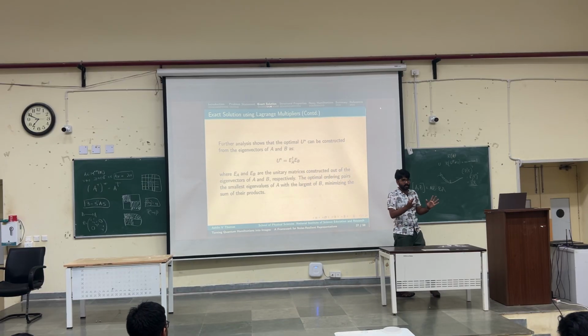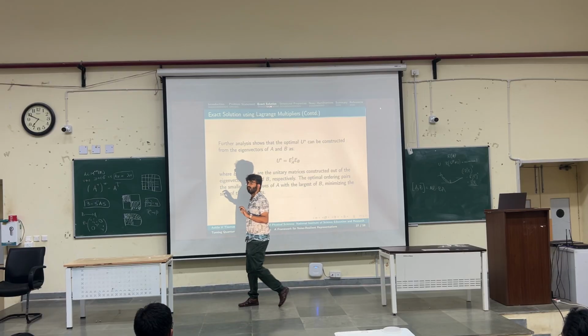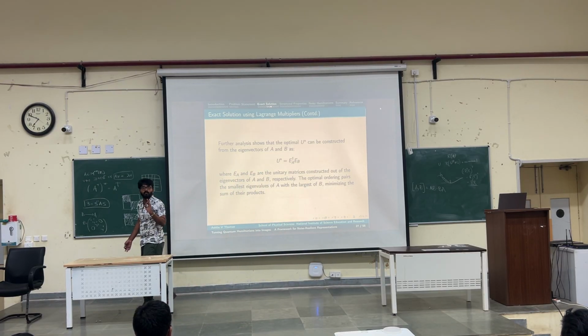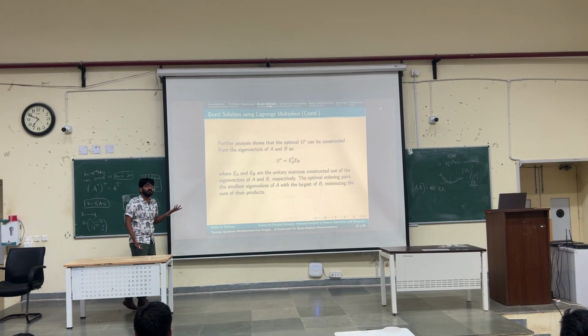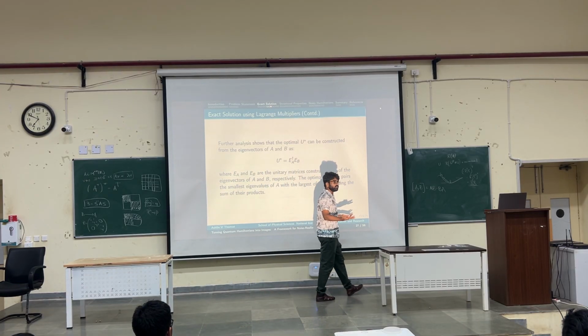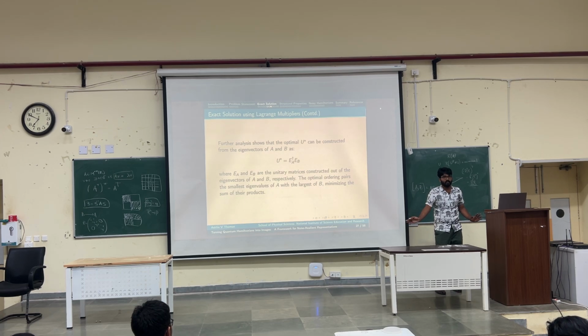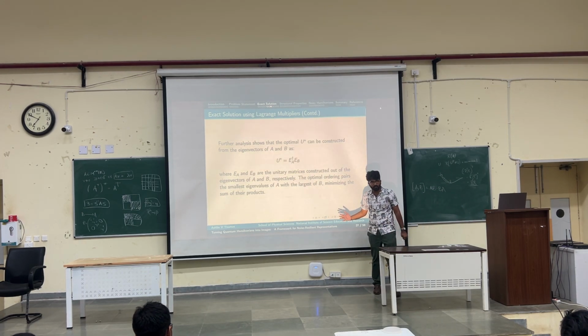So what is EA? EA is the unitary transformation that diagonalizes A. Now the question is, why should A be diagonalized? What was A? H squared. This H is Hermitian, so H squared is Hermitian. If it is a Hermitian matrix, it is diagonalizable through a unitary transformation. We have already seen a spectrum here. So EA exists.